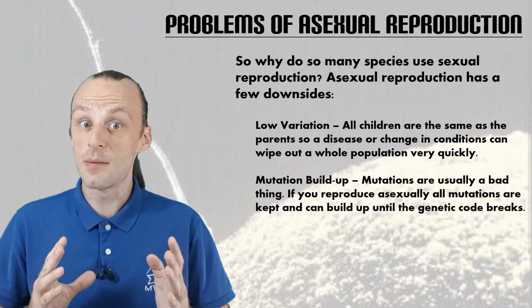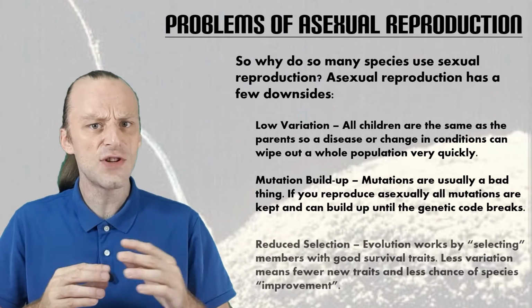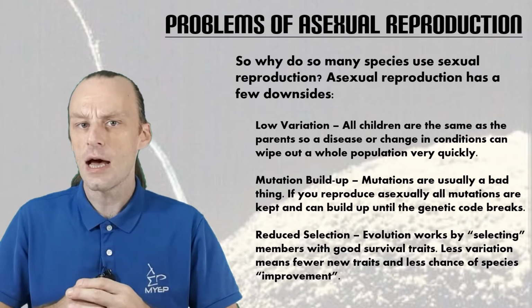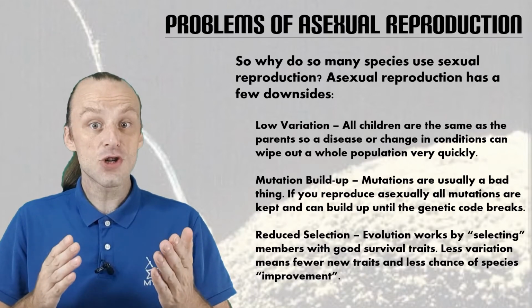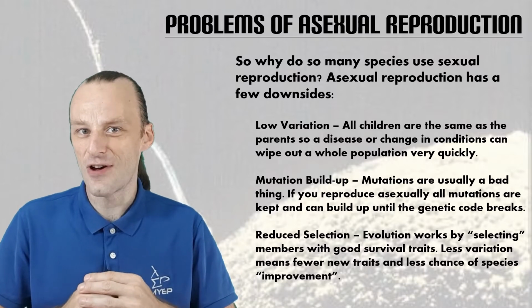The last problem of asexual reproduction needs us to look at just those few mutations which are not a bad thing. Evolution works by selecting members of a species with good survival traits.